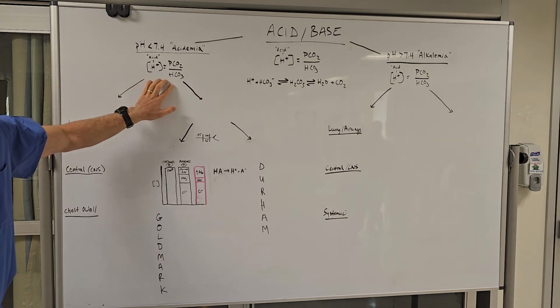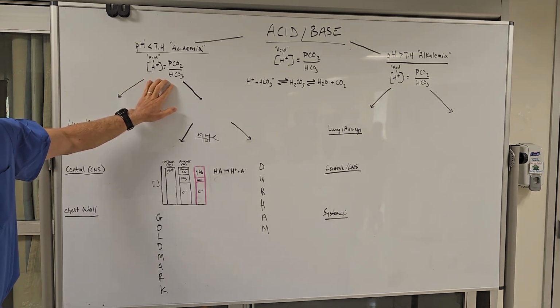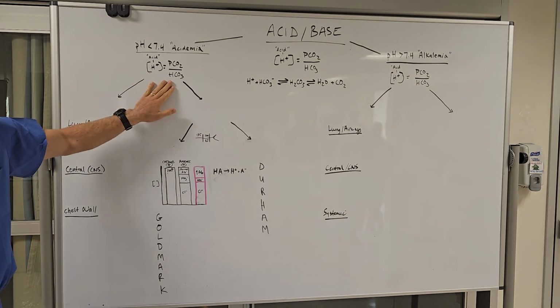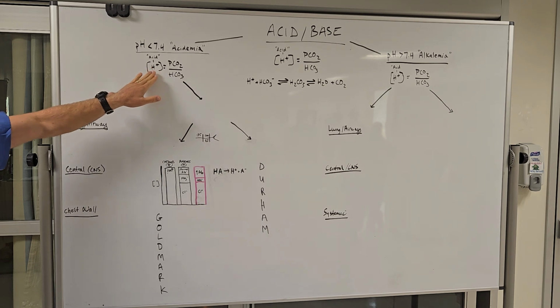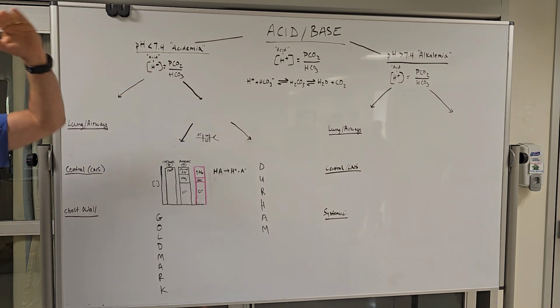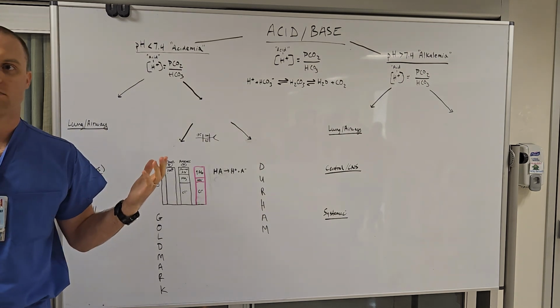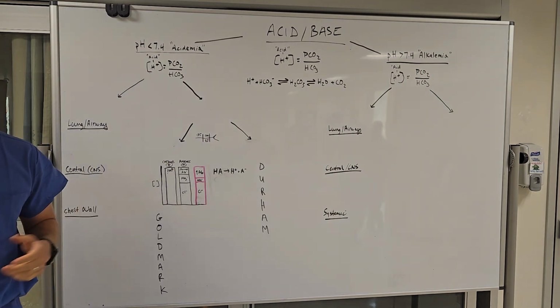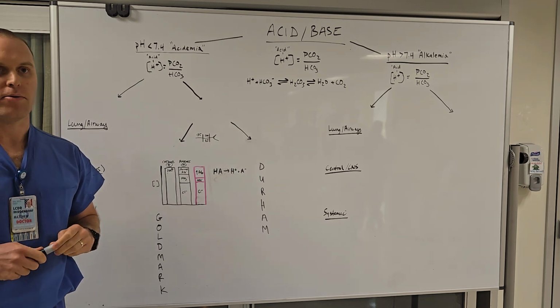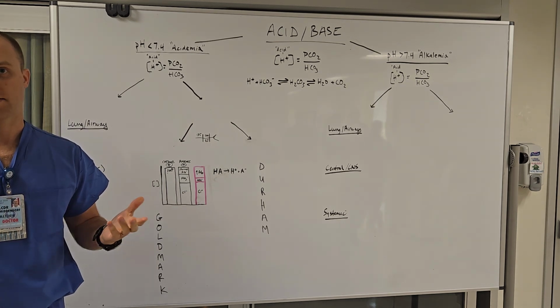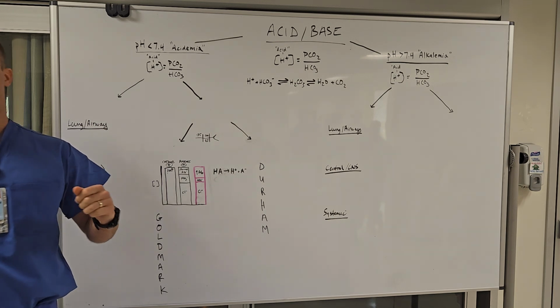Now, how do we determine what's driving the acidosis, or what type of acidosis is it? This is the equation to think about. H plus, think of acid. Your concentration of hydrogen, think acid. What's an acid that a lot of people are familiar with? Hydrochloric acid, HCl: H plus, Cl minus.